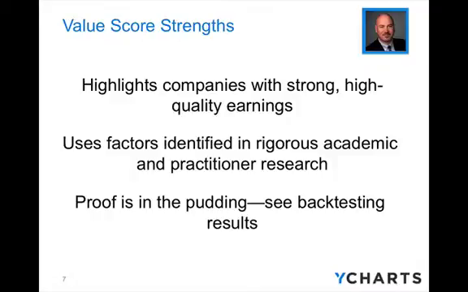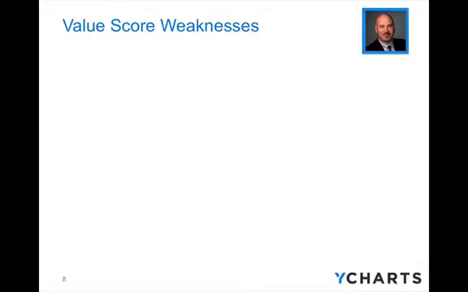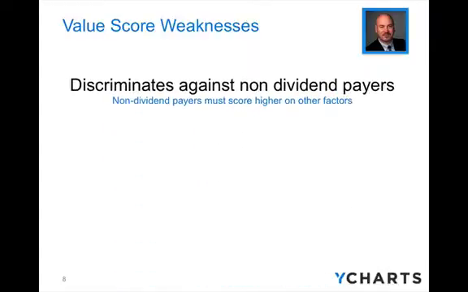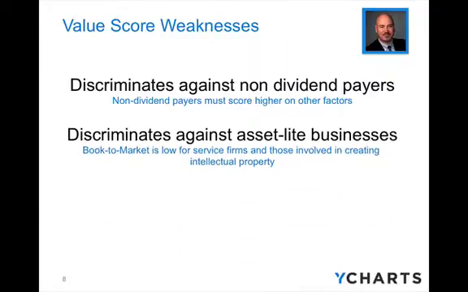Now, for all these strengths, it does have weaknesses as well. One of these is that it discriminates against non-dividend paying stocks. We're using dividend yield as one of the factors, so a company that doesn't pay dividends doesn't score as well. It also discriminates against asset-light businesses because we're using a book-to-market ratio.